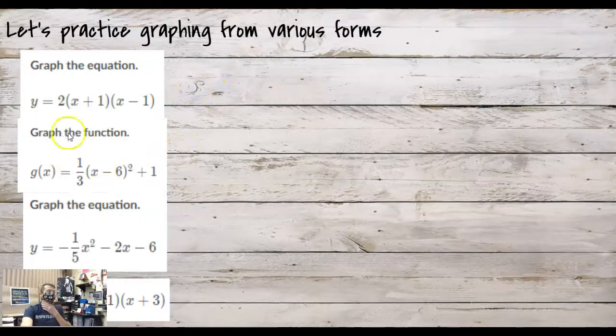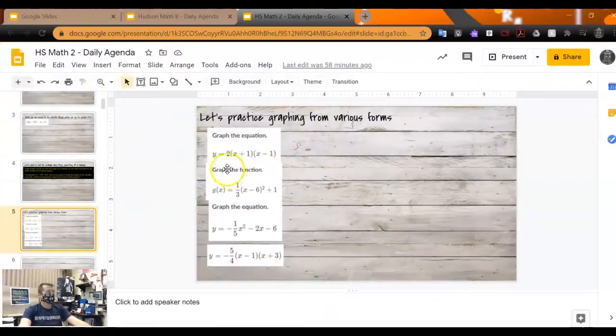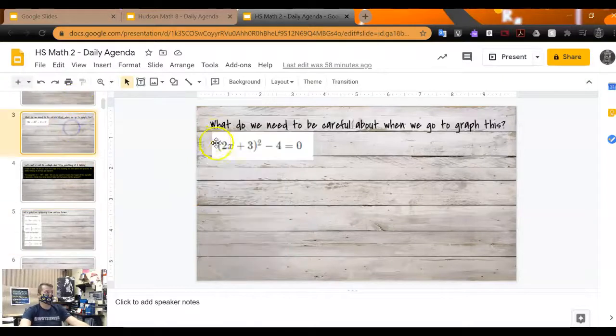So how do we graph all of these different forms, right? So we have regular factored out binomial form. We have perfect square form with a leading coefficient on the outside. This is different than the first one we looked at today, right? Because that leading coefficient in this one, it's not a leading coefficient.